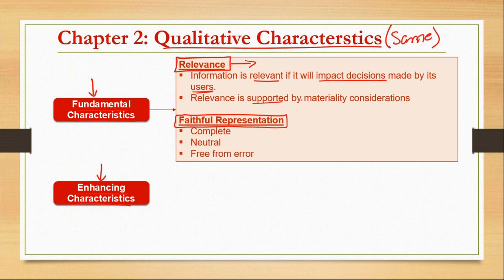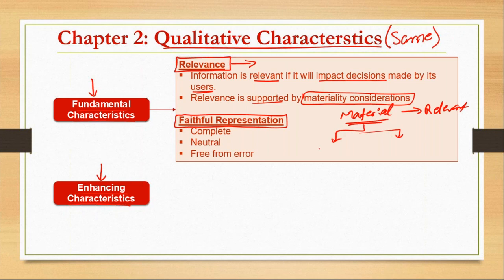Relevance is supported by materiality consideration, which means that all material items are relevant. But when we say material, this includes two types of materiality. Some things are quantitatively material and some elements may be qualitatively material.